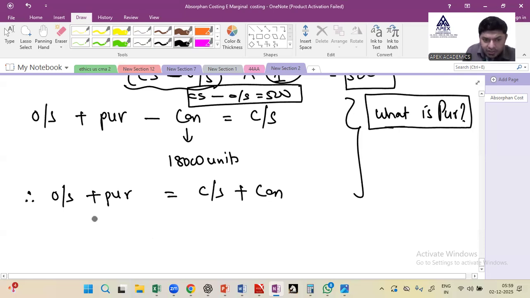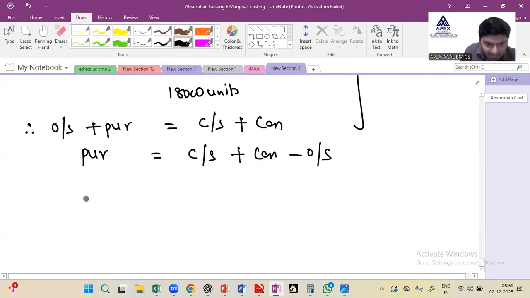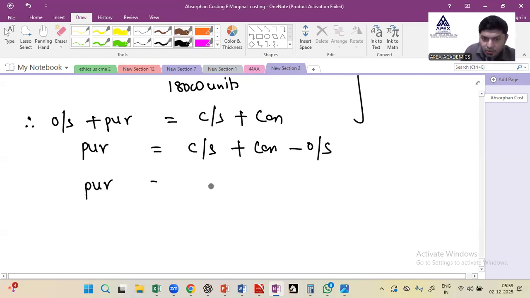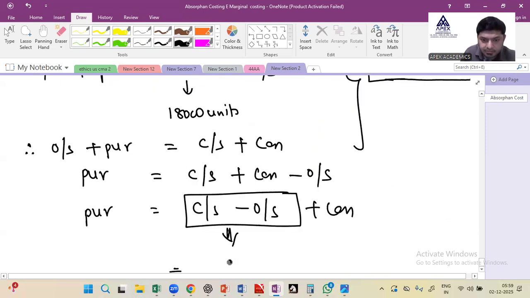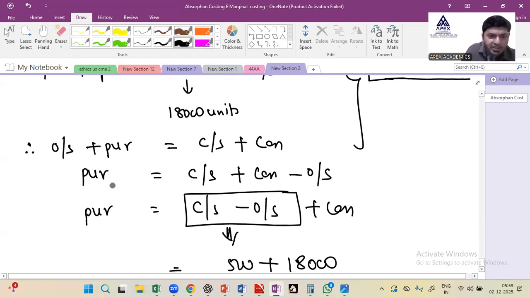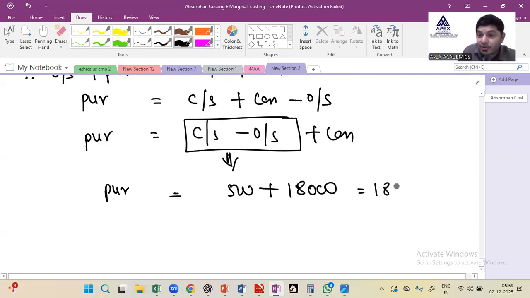Can I go on further to say that purchase is equal to closing stock plus consumption minus opening stock? Let me write this like purchase is equal to closing stock minus opening stock plus consumption, and I just calculated that closing stock minus opening stock is 500 and consumption is 18,000. Therefore, can I with your permission say that purchase is equal to 18,500 units?